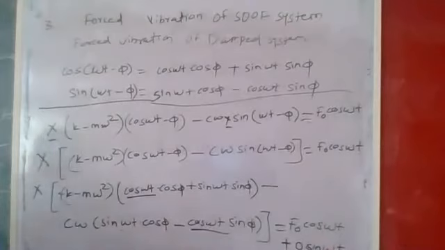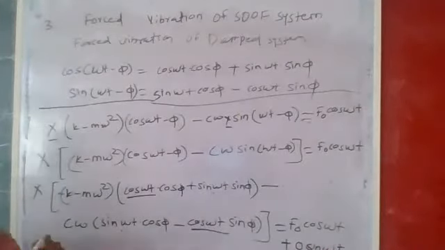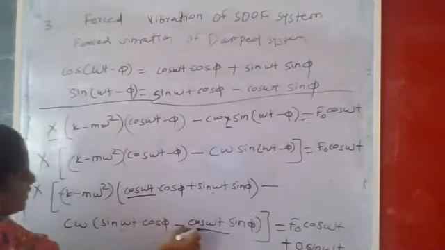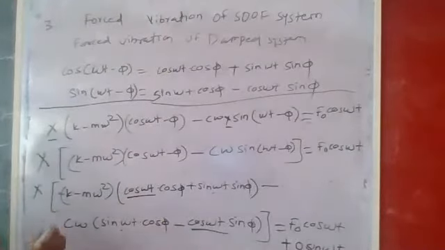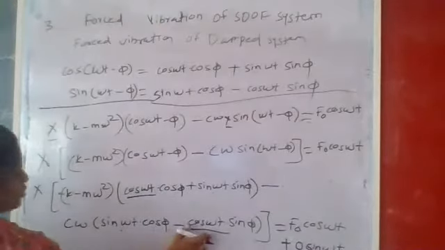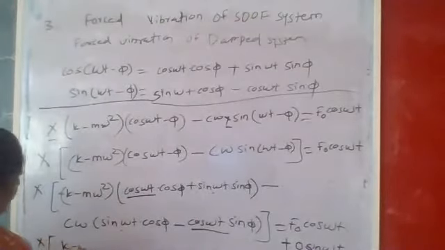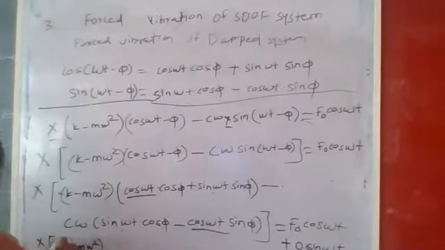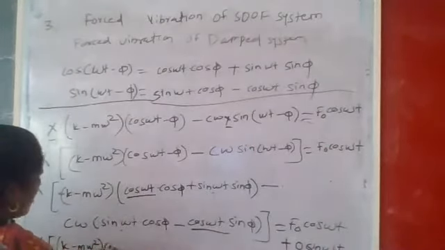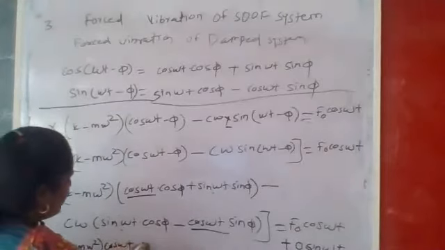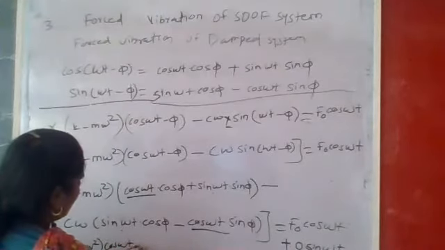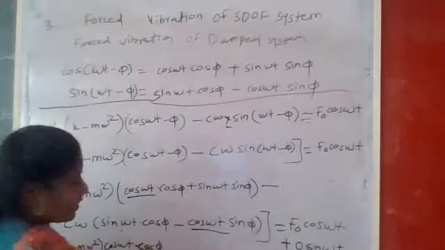Okay, so I write here now by splitting, the cos term equal to the cos term. So what equation is produced? X into bracket, that cos omega t is here, so x into bracket, the remaining term is k minus m omega square, bracket complete, into cos of omega t into cos of phi.